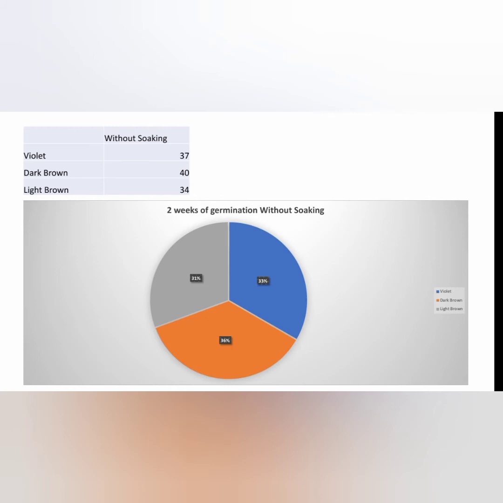So perfect, all of the seeds I planted under dark brown germinated, and the light brown showed 34, so 6 seeds did not germinate.